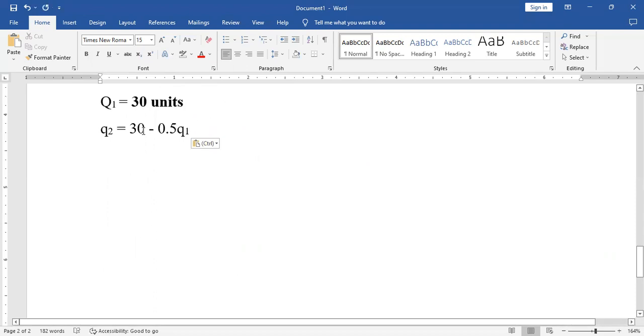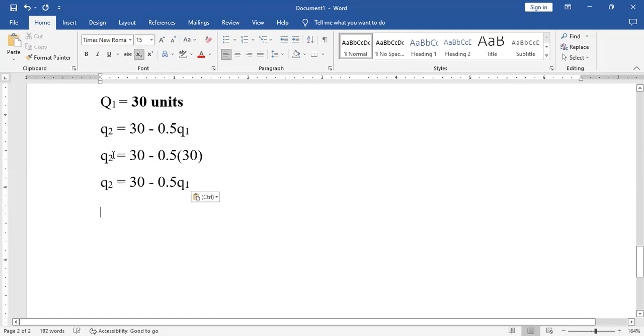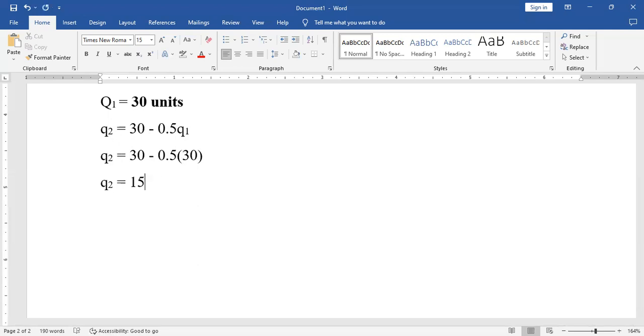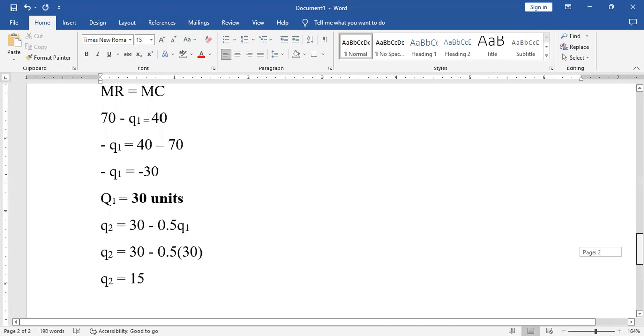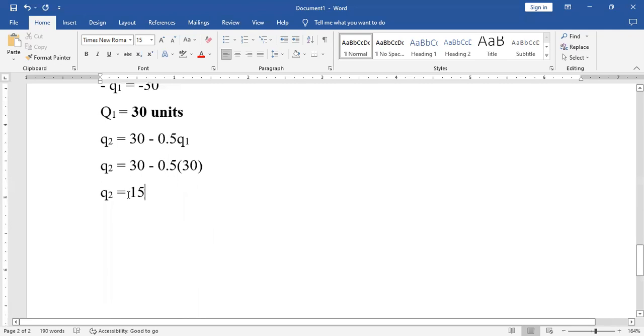So where there is Q1 here, I'll simply replace it by 30. 0.5 multiplied by 30 is 15. 30 minus 15 is 15. So Q2 now will be 15. Had it been quantity, they were going to produce the same units, like we saw in the other example.